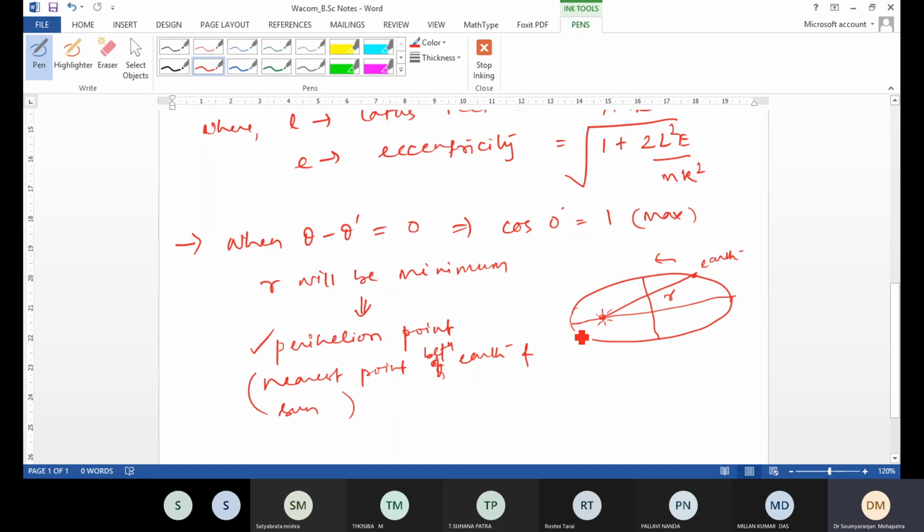Let's say this point. As soon as Earth reaches this point, immediately it will be drifted with a larger velocity and move away from the Sun. So the velocity close to the Sun will be a little bit larger than the velocity at this point.